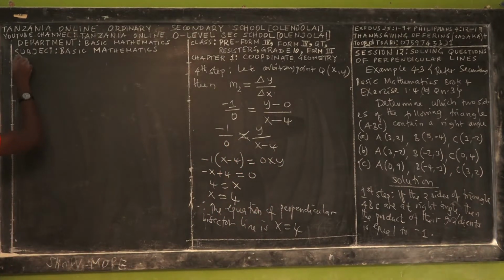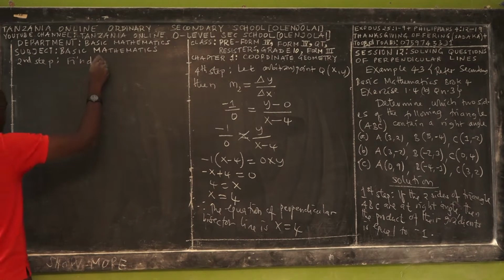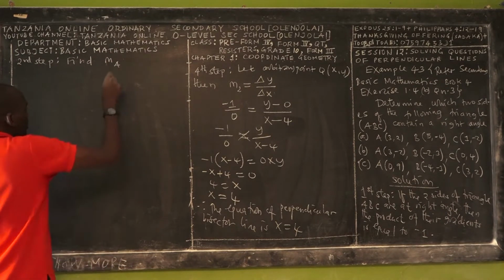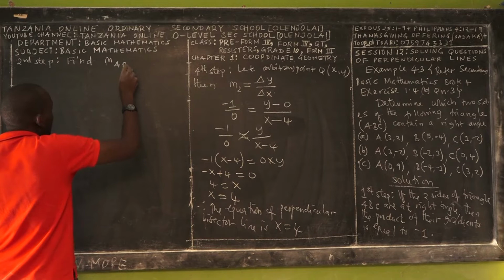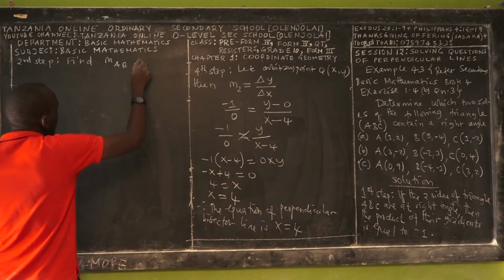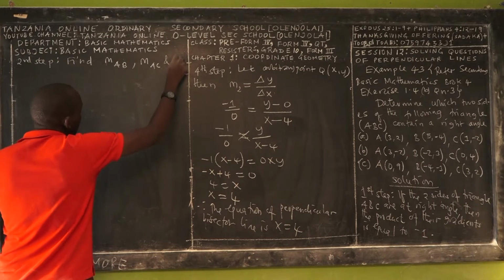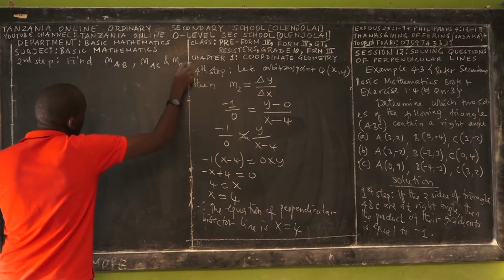The second step: let us find the gradient of the side AB, the gradient of the side AC, and the gradient of the side BC.